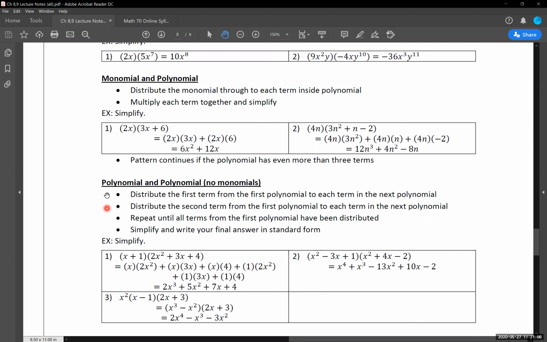The biggest part with this is keeping your work organized as you go through it. A lot of people do not do that, and subsequently they lose points on this. Once we have distributed everything through, we simplify by combining like terms, using PEMDAS, all of that, and then write the final answer in standard form.